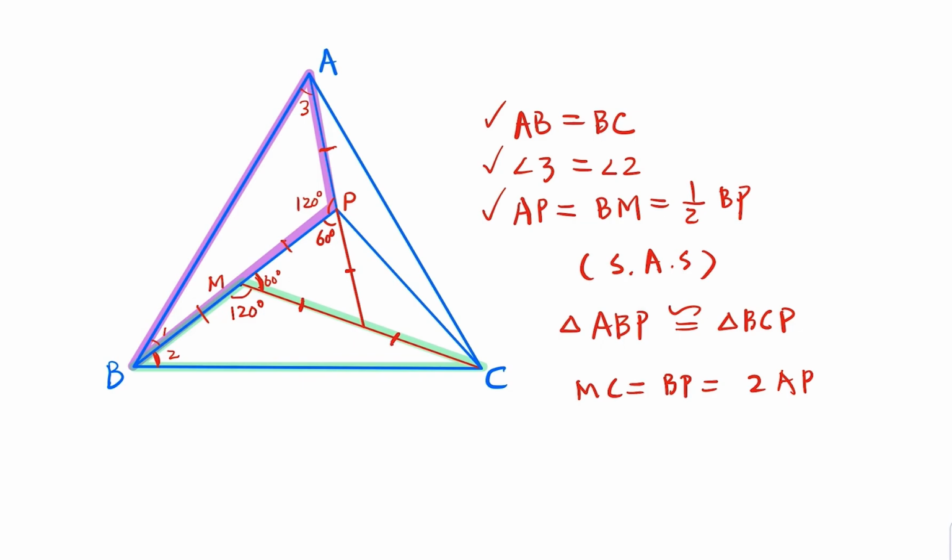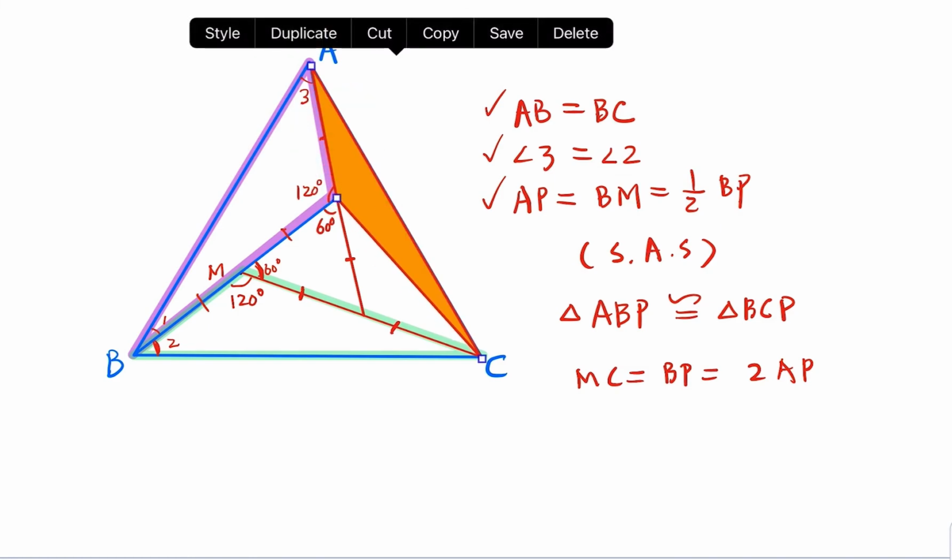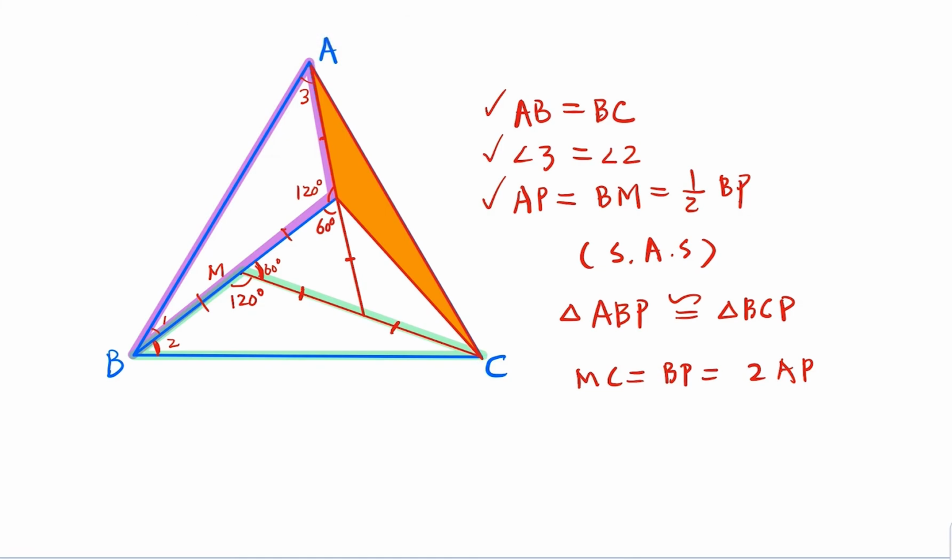So the area we're interested in, let's call it X. So the area of the smaller triangle APC, this triangle here, let's mark it here. A, P, C, this triangle here. So let's assume the area is X. We're looking for that.